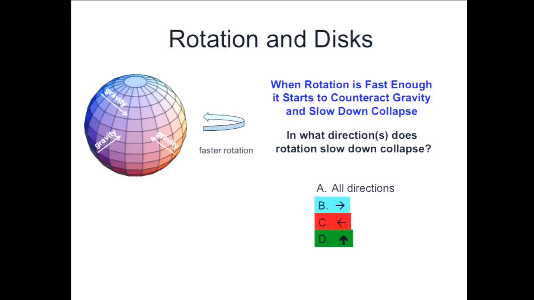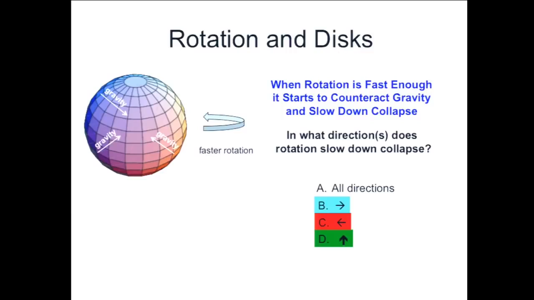Maybe to the right in this picture, maybe to the left, maybe up, maybe you think down, maybe I left off the right answer. I would say this is actually a bit of a harder question than the questions we've had so far. So talk about this for a second. Try to visualize, again, this rotation process that leads to the formation of a disk.